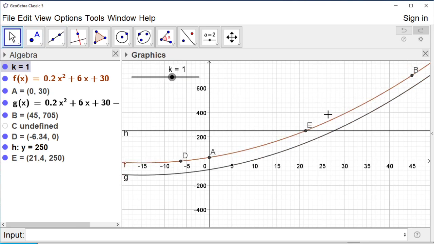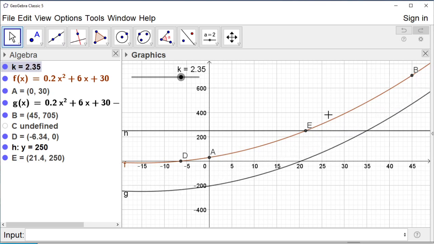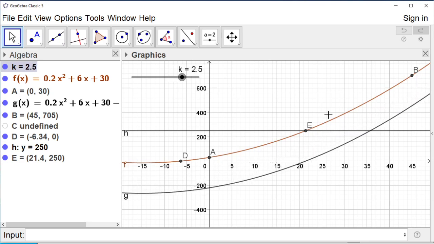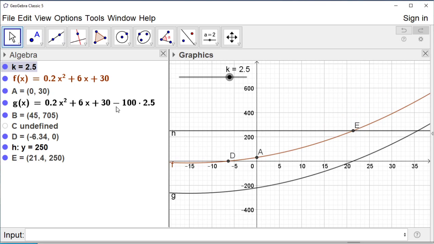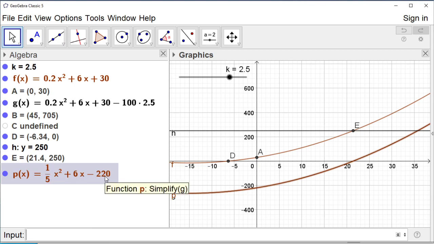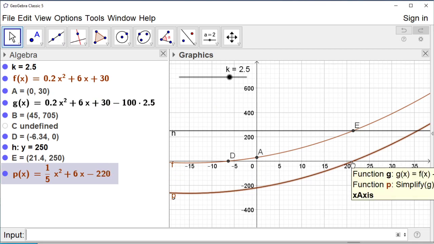We're going to shift it down exactly the right number of units, 250 units, so that we have a new model where I can find the x-intercept. Okay, so look at the graph I drew here in black. Let's just simplify it. I took the original graph and shifted it down 250 units. Now I can use the quadratic formula to find its x-intercept.